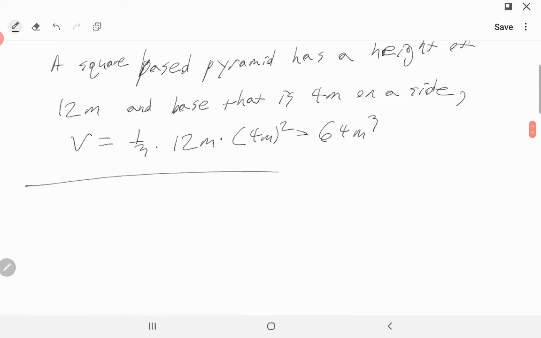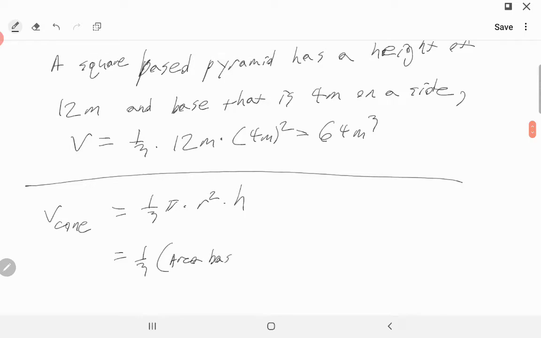And similarly, the volume of a cone is equal to 1/3 pi times the radius squared times the height. So basically 1/3 area of the base times the height.